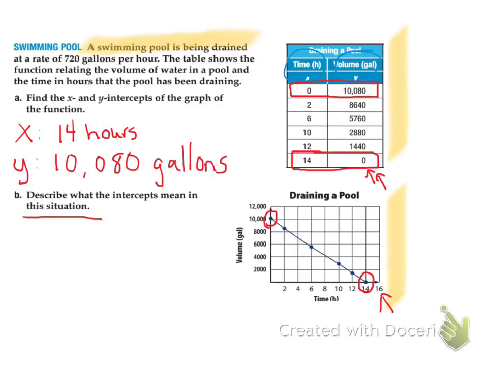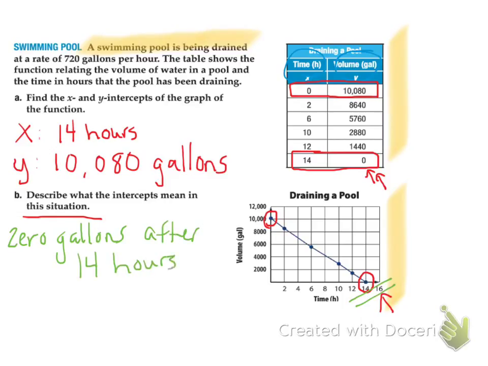The 14, the x-intercept, means that there are 0 gallons of water after 14 hours of the pool draining. That's the end. The starting point is over here.